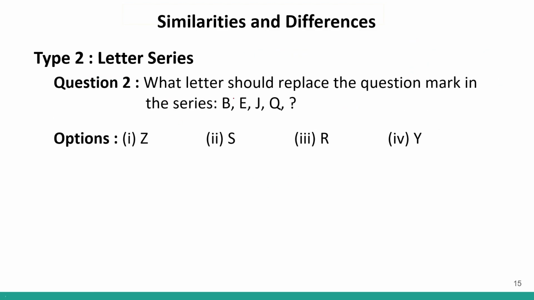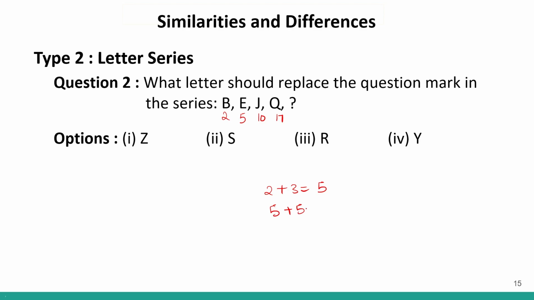Now, what letter should replace the question mark in this series? So let us give them ranks. B is ranked at 2. Similarly, E is ranked at 5. J is ranked at 10. And Q is ranked at 17. So if I see over here, 2 plus 3 gave me 5.